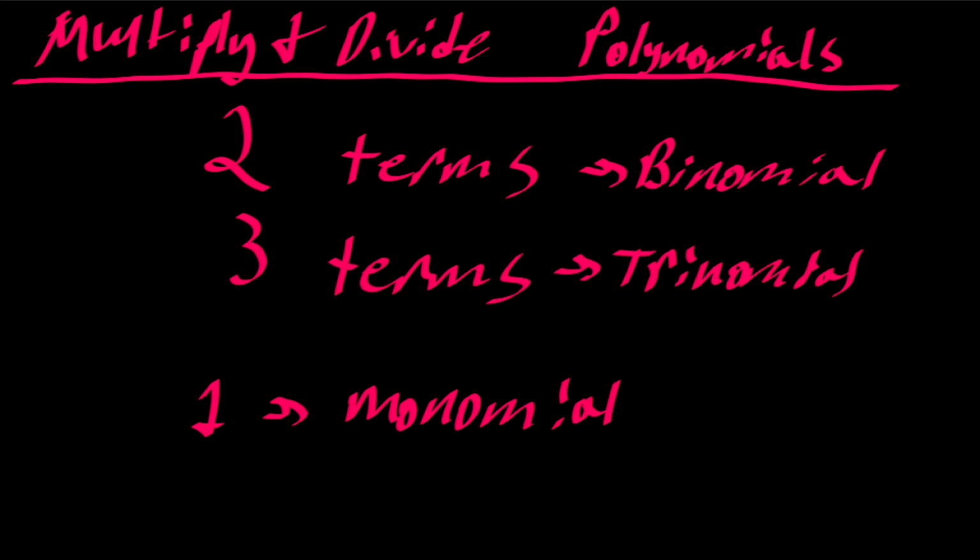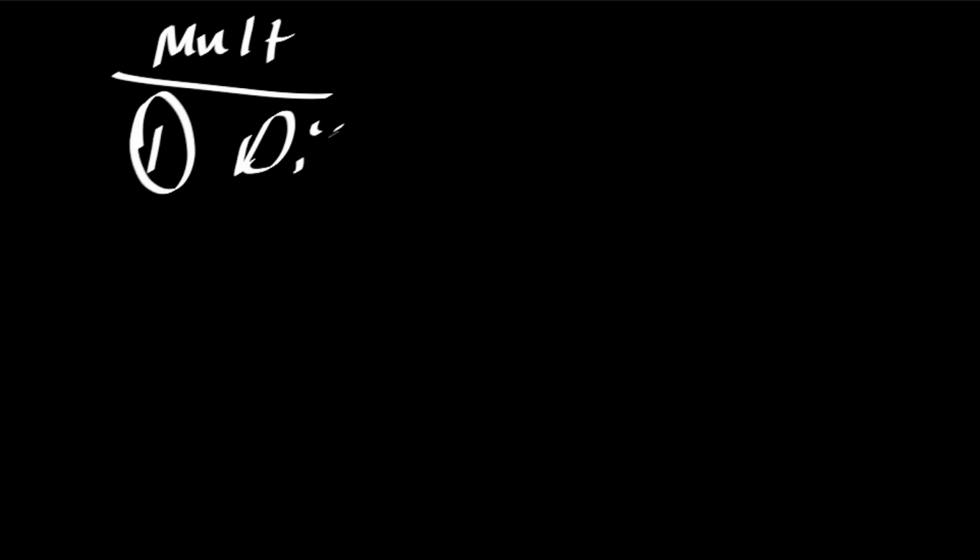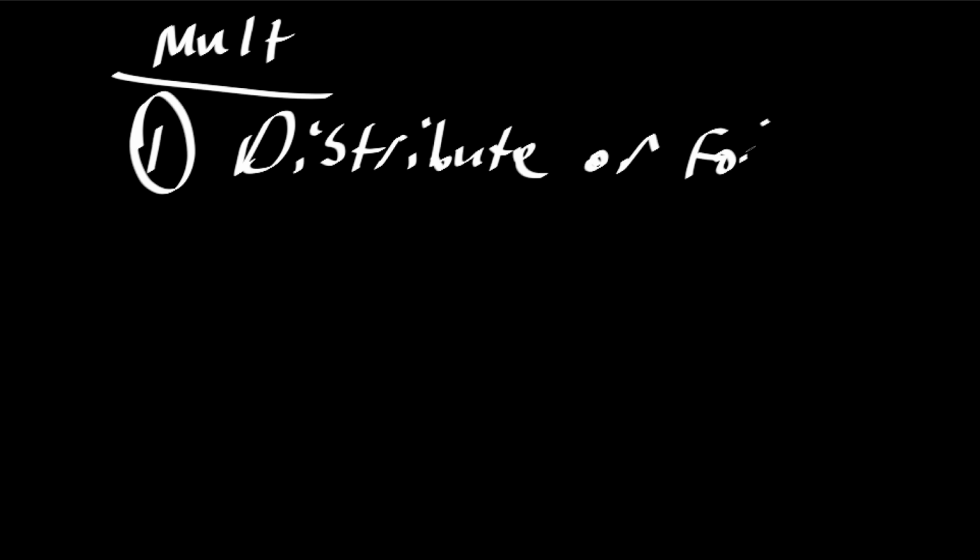So let's start off with multiplying, and let's just lay down some ground rules. Step 1 is we're going to distribute, or we will FOIL. And if you don't know what FOIL is, I'm probably going to make another video at some point that focuses solely on FOIL.